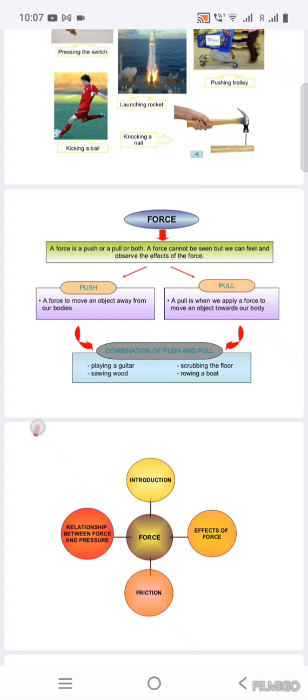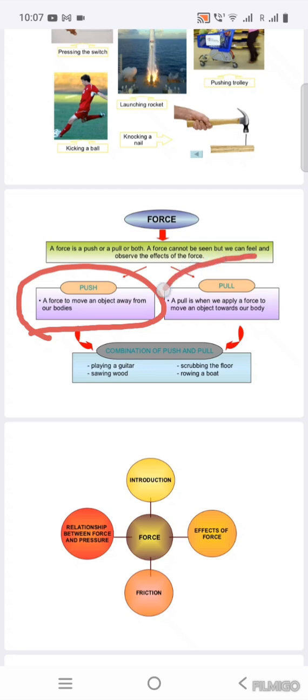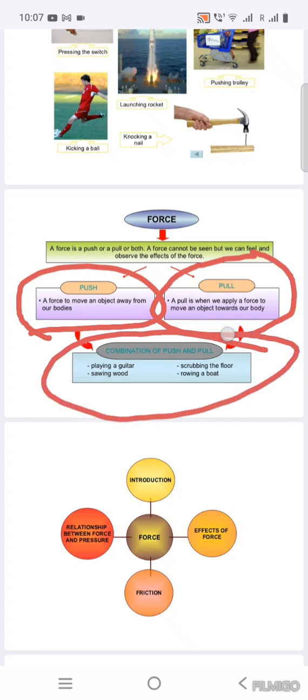In simple words, when we apply force on a body, if the body moves away from us, that is a push. And if we apply force on an object and the object moves towards us, towards our body, then this force is called pull.